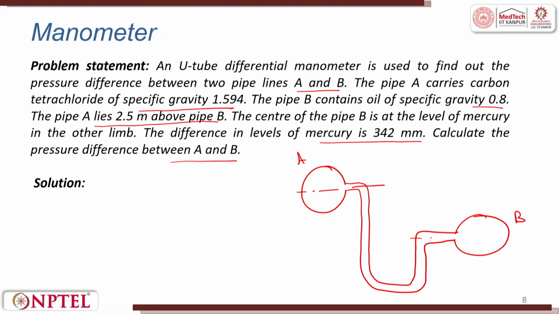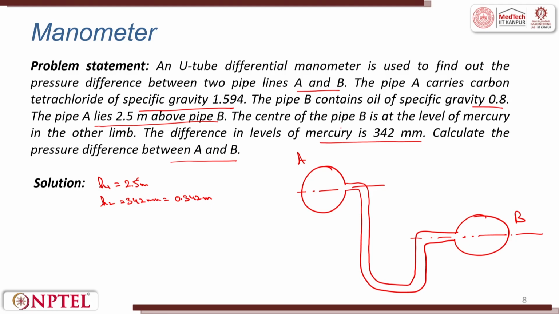This is the center line here for A and B. The heights which are given here, we have value of H1, H2. H1 is what? 2.5 meter above pipe B. H1 is 2.5 meter, and H2 here is 342 millimeter, which is equal to 0.342 meters.